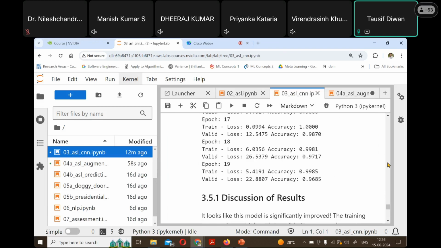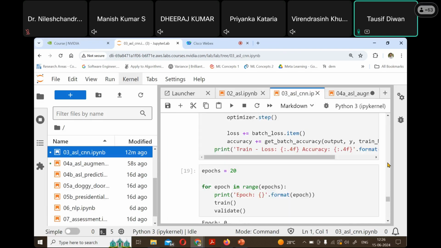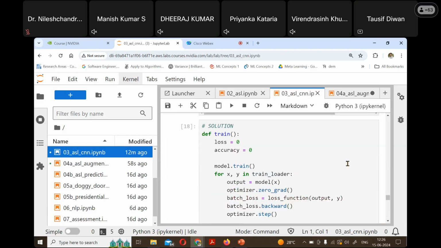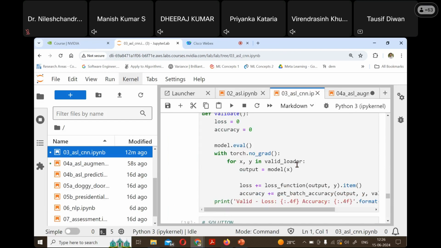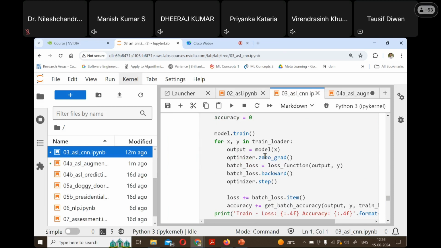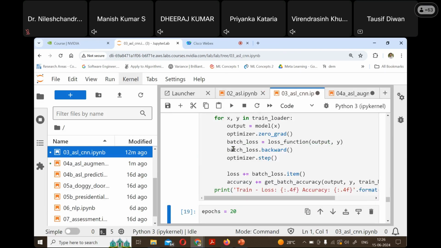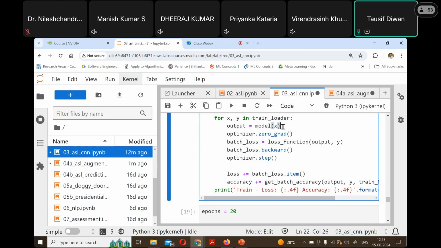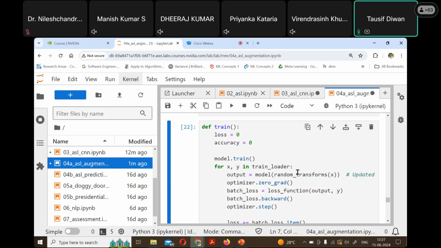Previously, output was equal to model of x. This time, that is not used here.